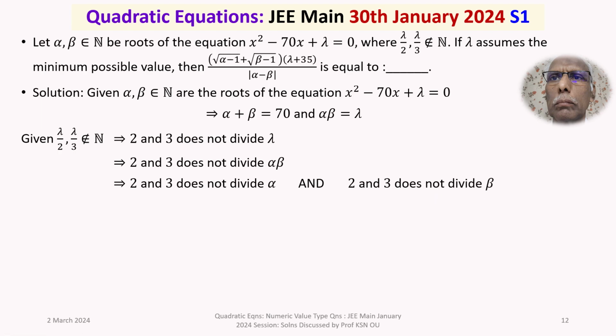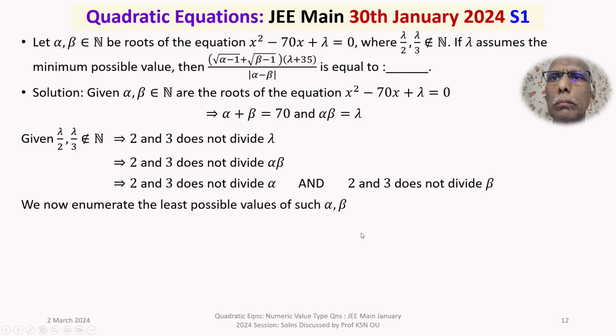Agreed? Now we enumerate the least possible values of such α and β, that is, 2 and 3 do not divide α and 2 and 3 do not divide β.